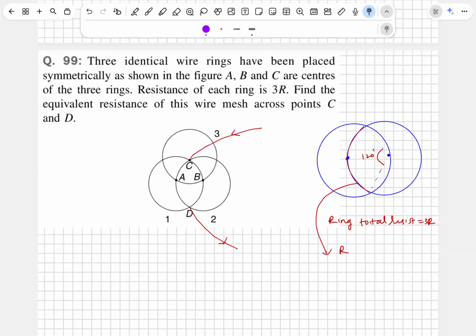And what is between AB? Vanish. Hello? What is between AB? Vanish. A and B are same potential. Clearly, A, B are same potential. The moment when they are same potential, what can we do?